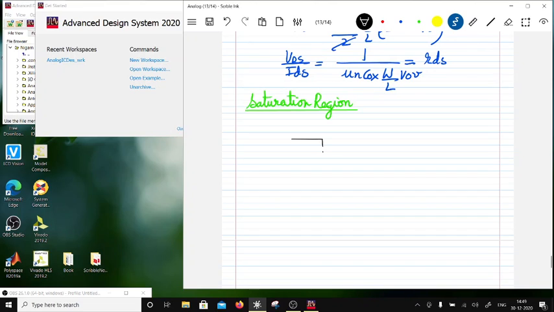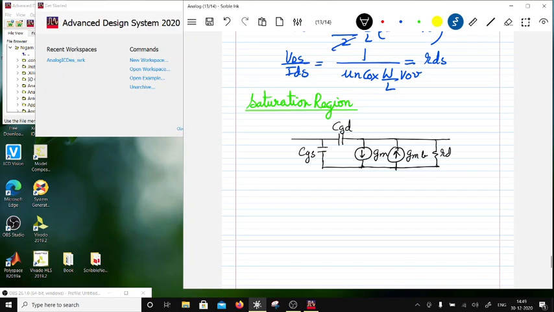There would be a CGS, there would be a CGD, and there would be a GM here, and there will be one GMB, which I'm going to talk about in a bit. GMB is a GM due to body effect. Then there is going to be output resistance RDS, and then there is going to be a capacitance CSB.